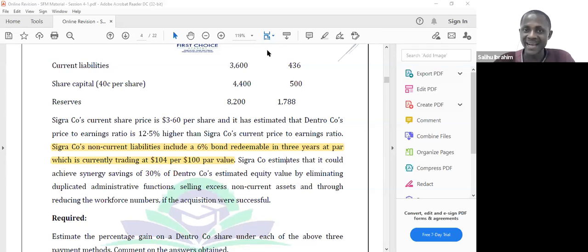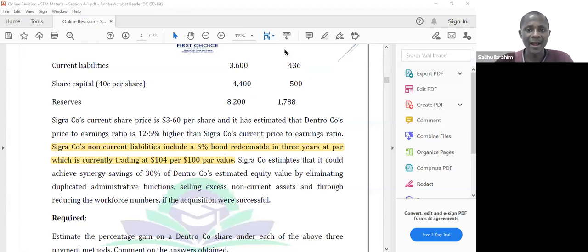Because in merger and acquisition, there is no way you can continue without your business valuation. So the starting point is computing your market value of the two companies, Sigraco and Dentroco.